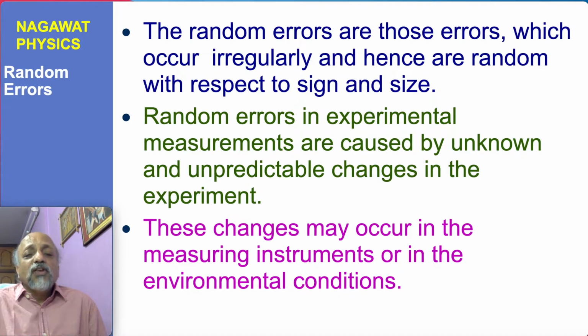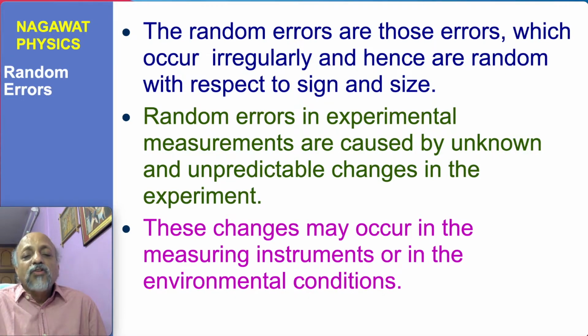But there is an easy way out, because random errors involve random reasons, and these reasons we believe are so random that we can minimize the random error in experimental measurement by repeating the measurement many times and taking the average value as the outcome of the measurement.